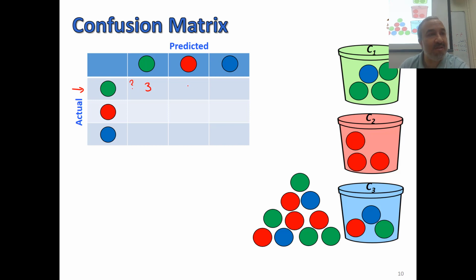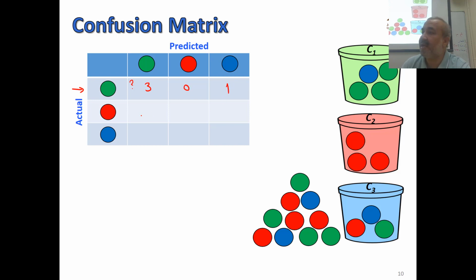How about this one? 0. Any objection? Right. Okay, 0. Then 1. So this is predicted blue and it is green, right? So it is 1. Very good.